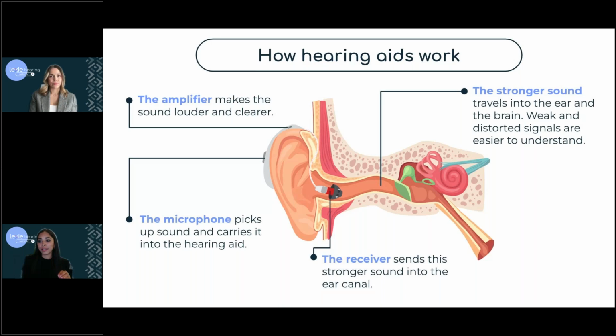And then lastly, a receiver will send those stronger sounds into your ear canal, and these stronger sounds then travel to your brain. So weak and distorted signals are made easier to understand. And that placement of the receiver within a hearing aid will really determine the style of the hearing aid, which Dr. Paul will give us more insight into now.